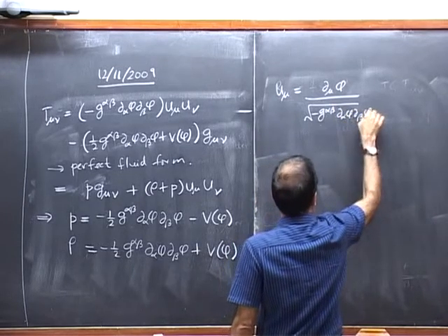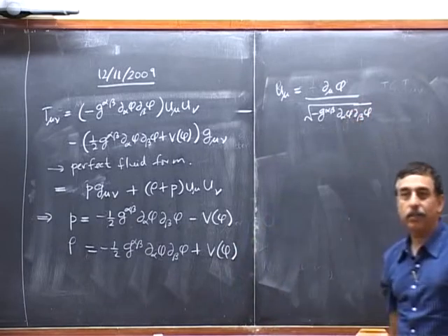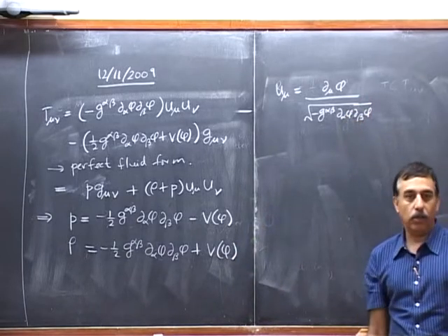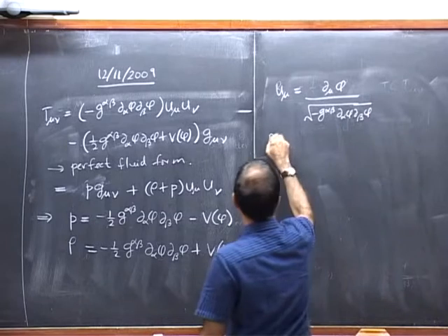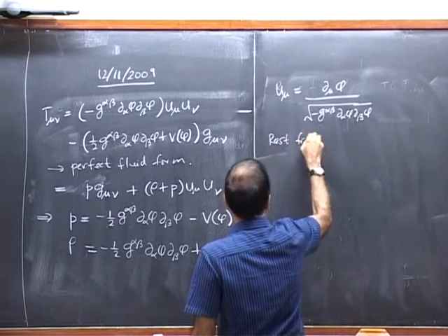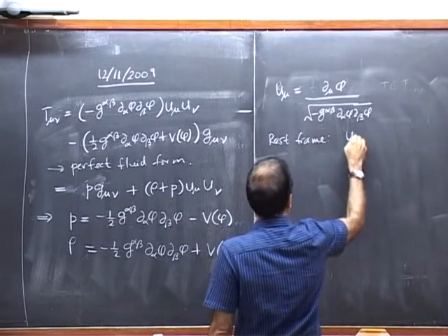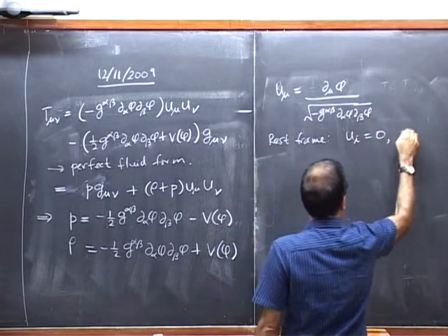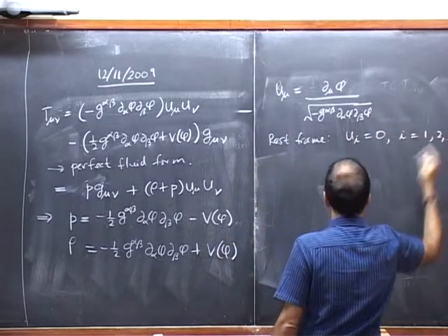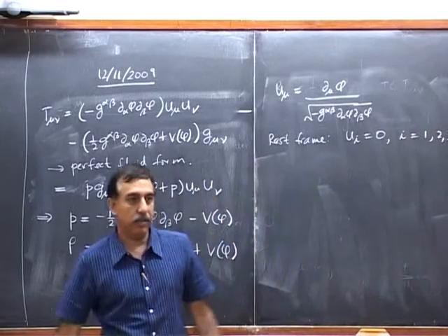So it's correctly normalized, but it's a 4 vector with all 4 components non-zero. Rest frame of the fluid would mean that u^i is 0 for i equals 1, 2, 3. So in fact u becomes (1, 0, 0, 0).